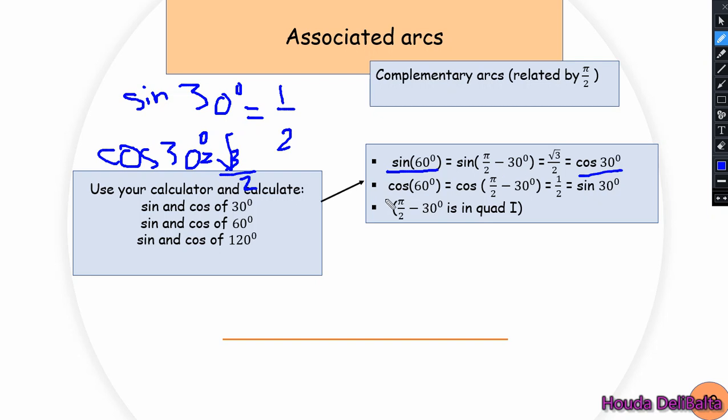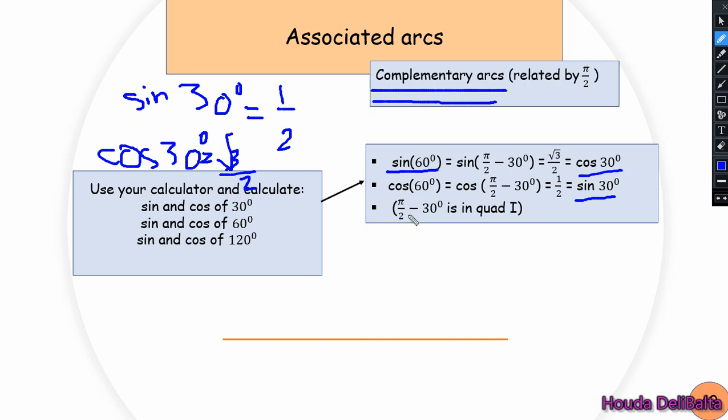Similarly, for cosine 60, pressing cosine 60 on the calculator gives half. So cosine of 60 is half, which is sine 30. Then we notice that 60 and 30 exchange sine and cosine, and that remark was mentioned previously, that complementary arcs whose sum is 90 exchange sine and cosine.